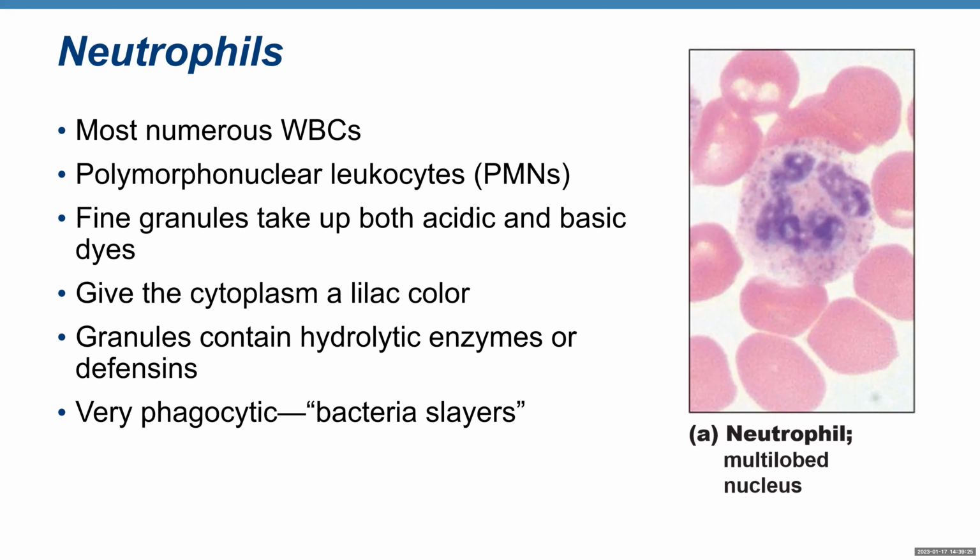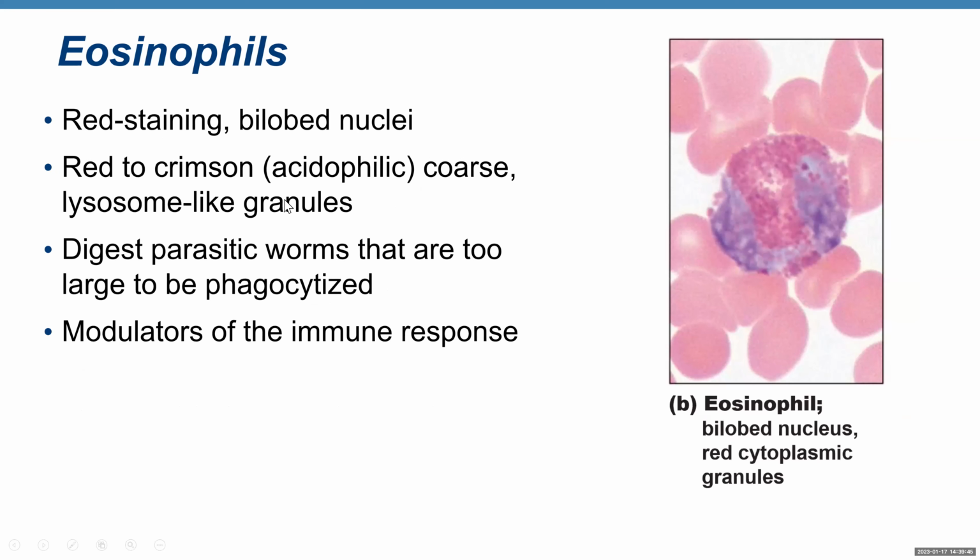So we use a special technique to dye those cells, and the technique includes using both acidic and basic dyes. Some cells' granules pick up both acidic and basic dye. Acidic is red and basic is blue. So when you mix red and blue, that gives you a lilac color for neutrophils. If you have blood cells that pick up only acidic dye, then they're going to be red.